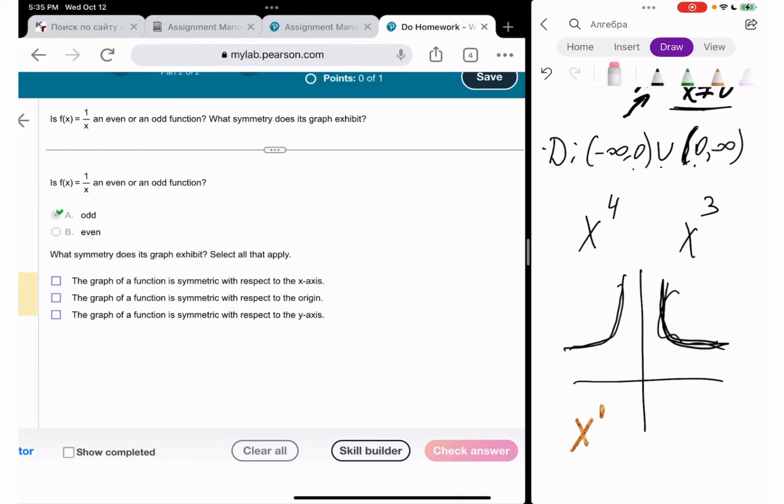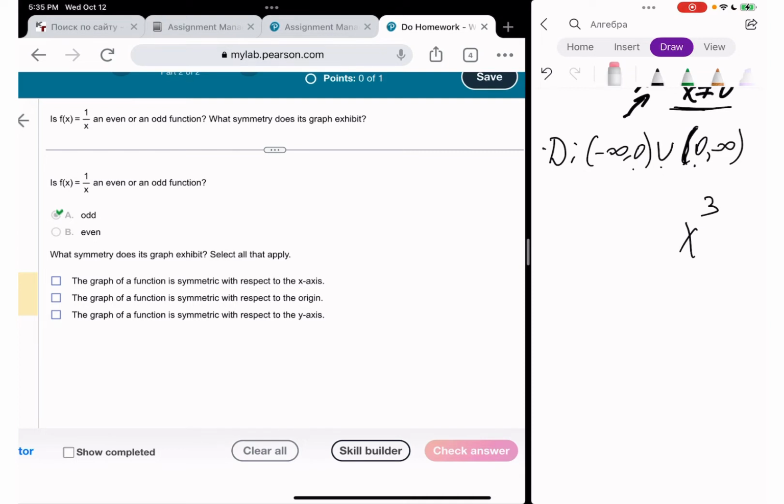But when the function is odd, the graph is symmetric with respect to the origin. For example, we have 1 over x. It's symmetric to the origin. Here is the origin. Look here. So the graph of the function is symmetric with respect to the origin.